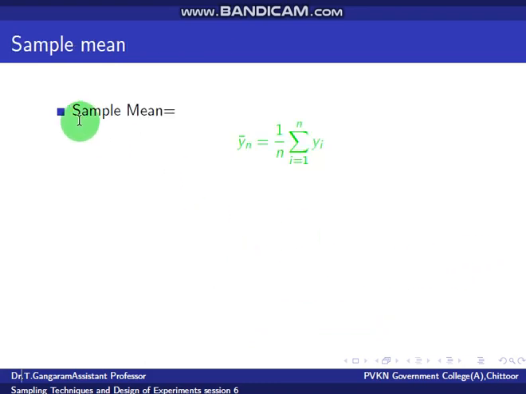Here, this is the formula for the sample mean. Similar to the population mean, the only thing is that capital N becomes small n, and capital Y becomes small y.